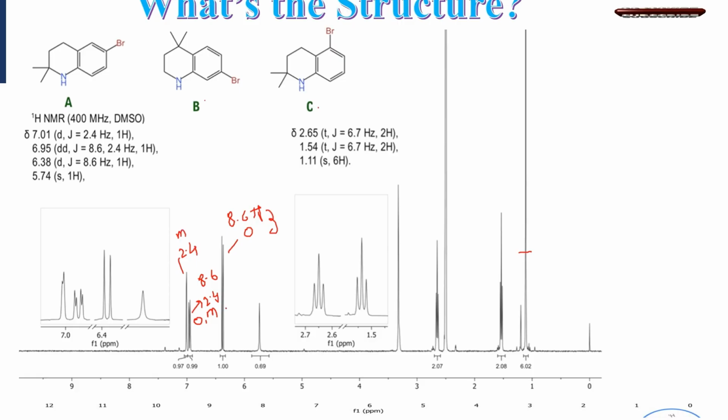So these 3 protons clearly indicate that we have a substitution like this. We will have one proton over here which will have ortho coupling, and this will have meta.